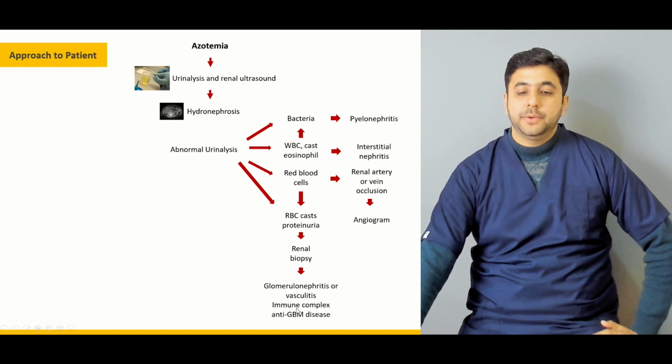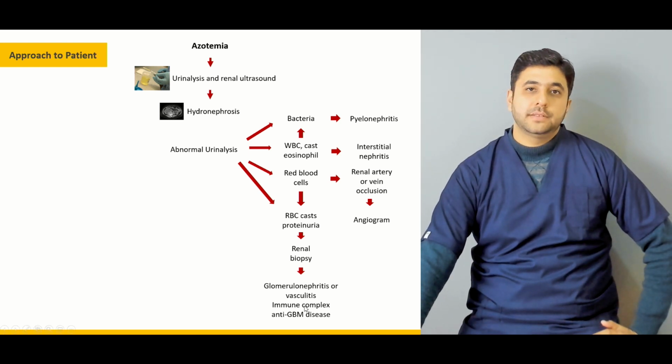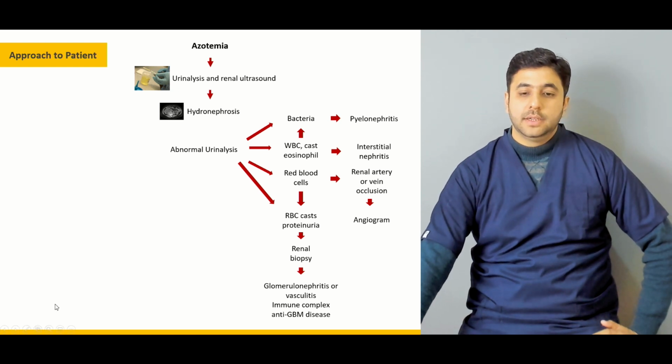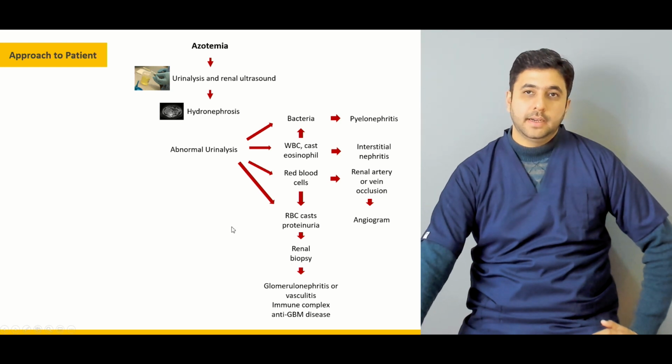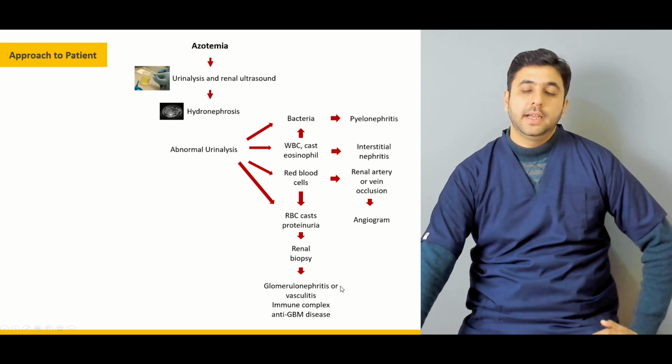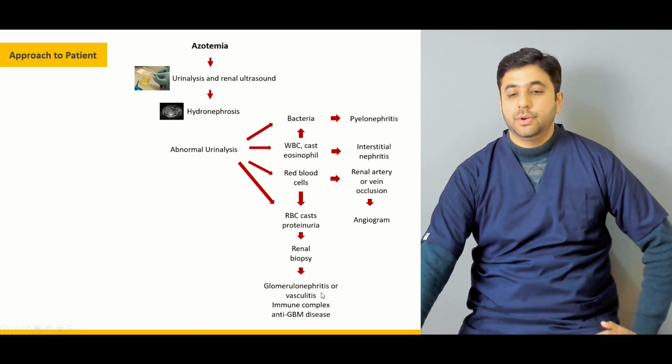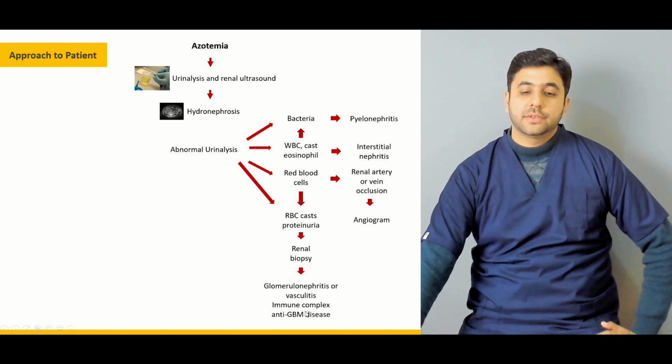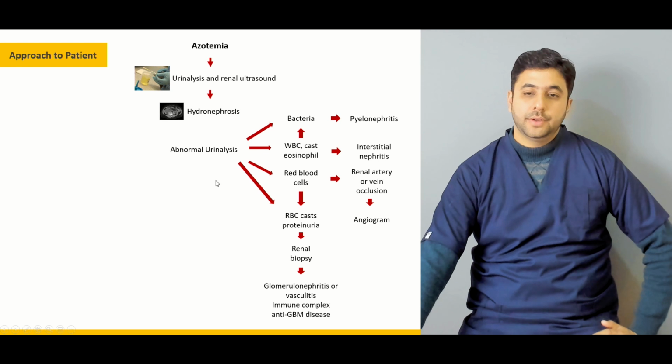Or there are certain immune complex vasculitis or immune complex diseases, the type 3 hypersensitivity reactions, that can cause all this. So to differentiate them, you do a renal biopsy and look at it under a microscope to find out what is going on, and then you can define the patient as a case of glomerulonephritis or vasculitis or certain other pathology.